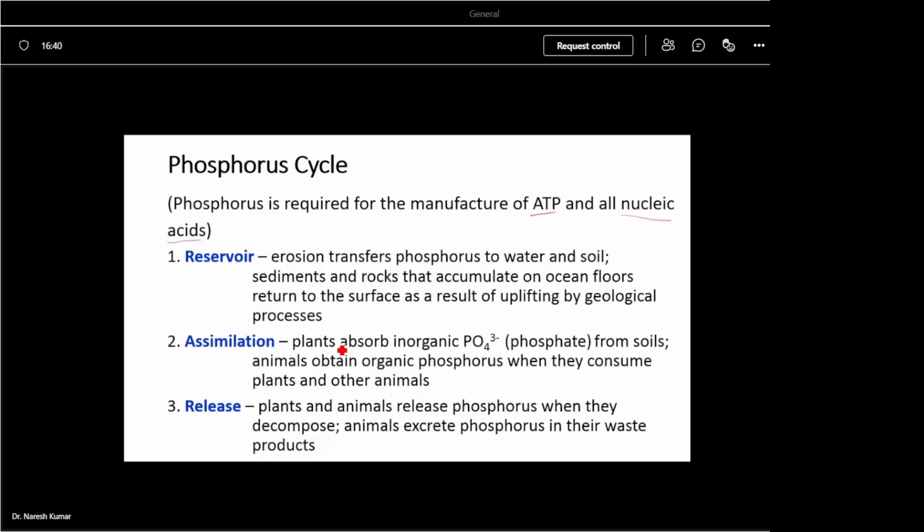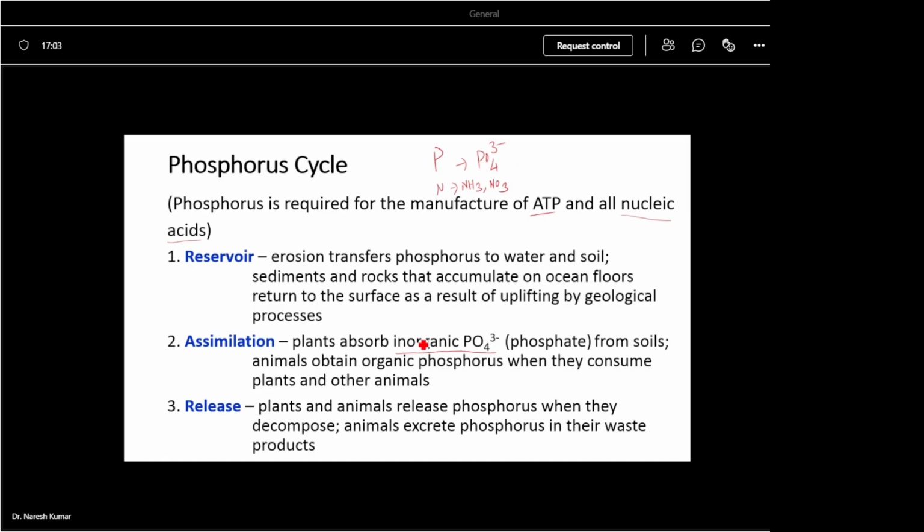Assimilation: plants absorb inorganic phosphate. Now, this is interesting. We are referring to elemental phosphorus, but like in nitrogen, where all organisms require either ammonia or nitrate, similarly for phosphate, it is the orthophosphate form which is the usable form for living organisms.